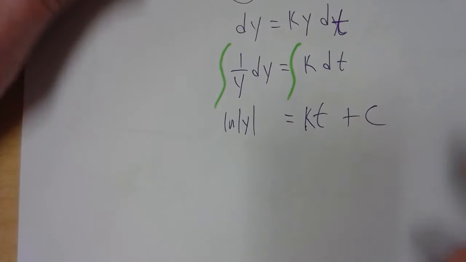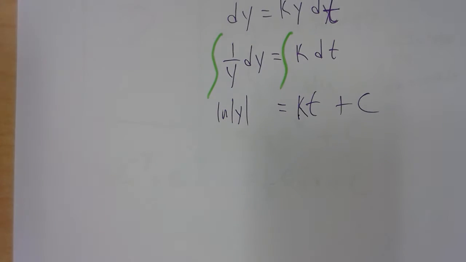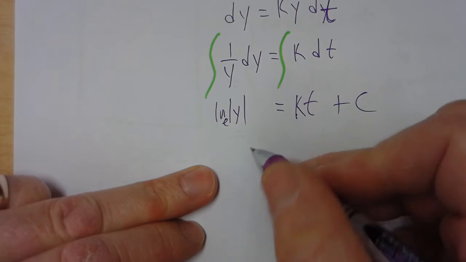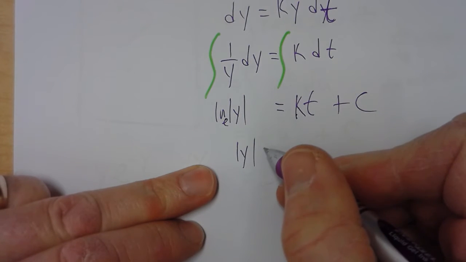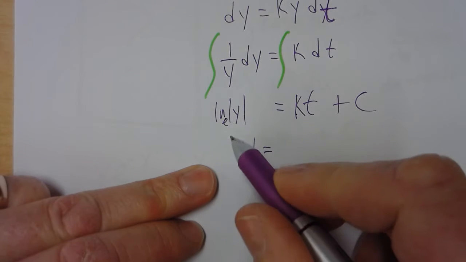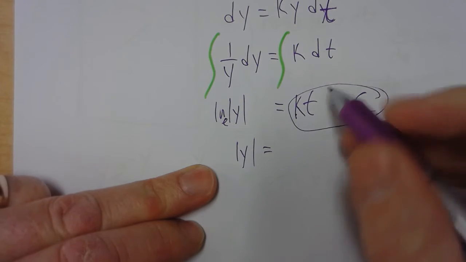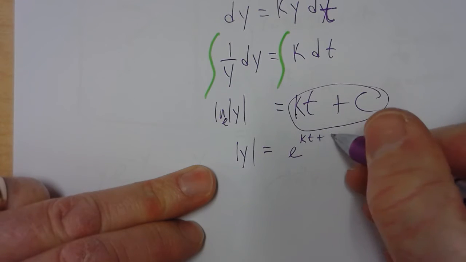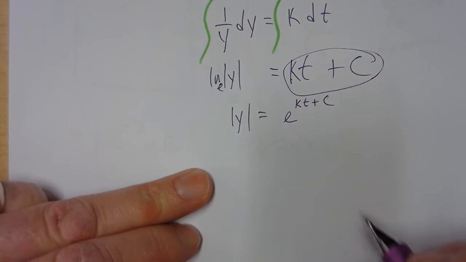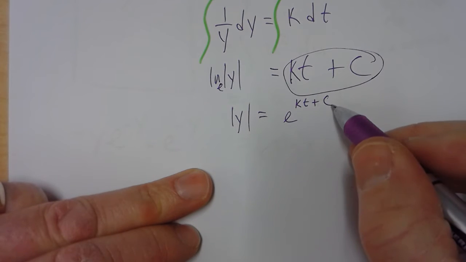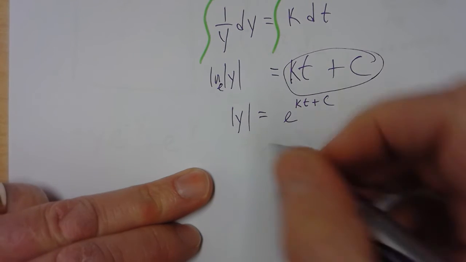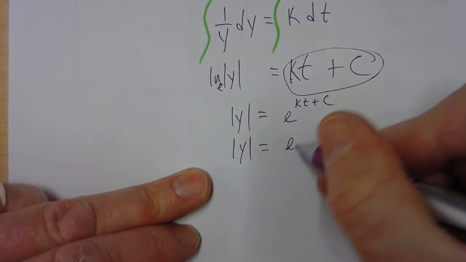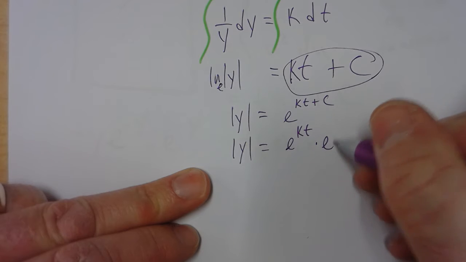Then we have to solve for y if you can. Sometimes you can't on these, but this one you can. So the base of the natural log is e. So we say the absolute value of y is equal to e to the kt plus c. All right, so when you multiply like bases, you add the exponents. So the absolute value of y is equal to e to the kt times e to the c.